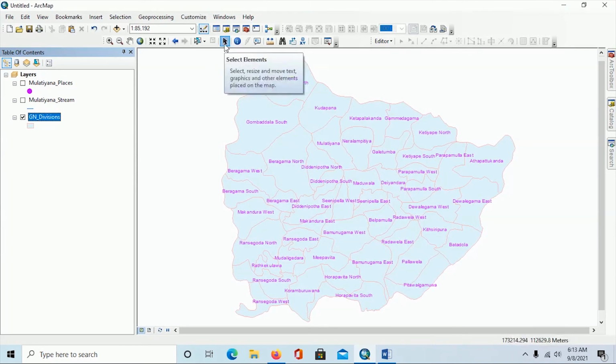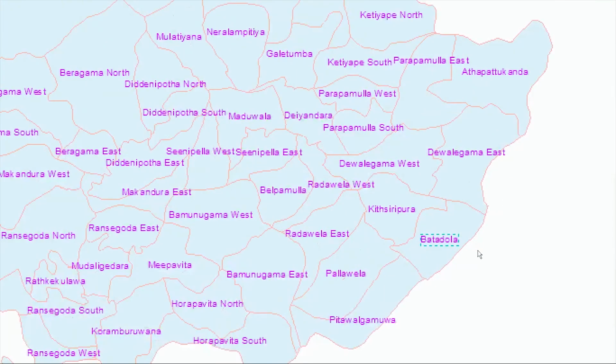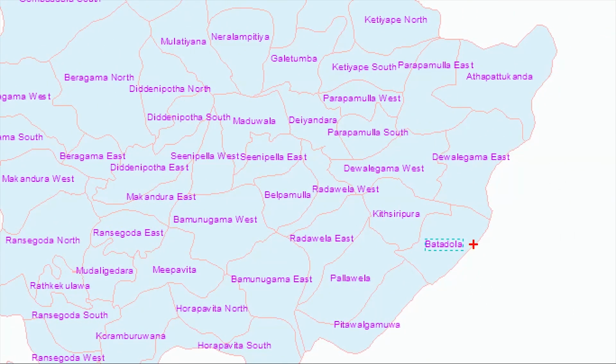Now clicking on this select element button, you can simply select single features like this. I will show this one. You can select like this. Right.